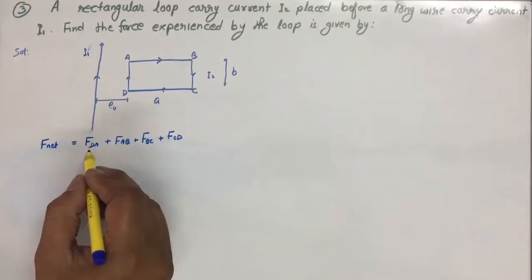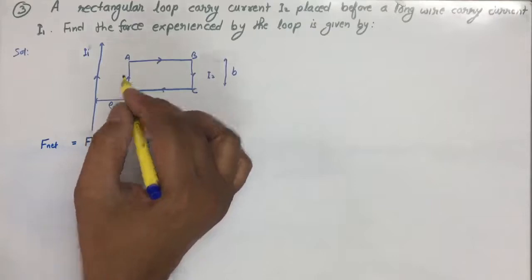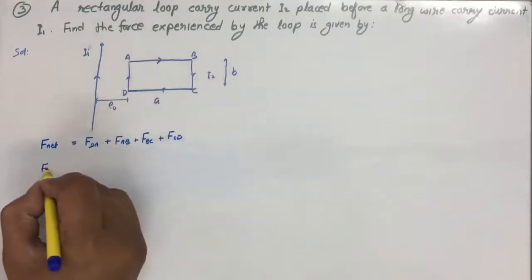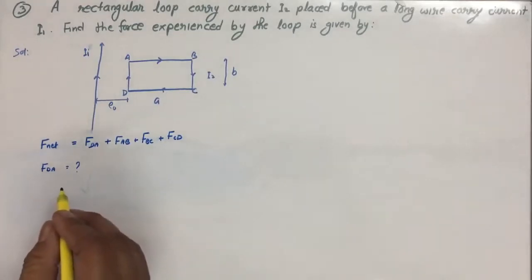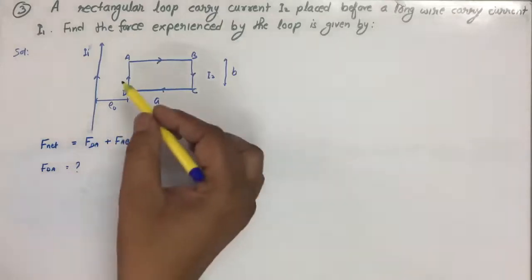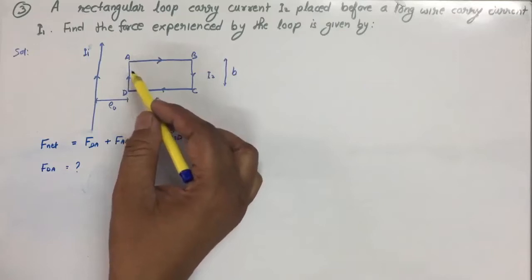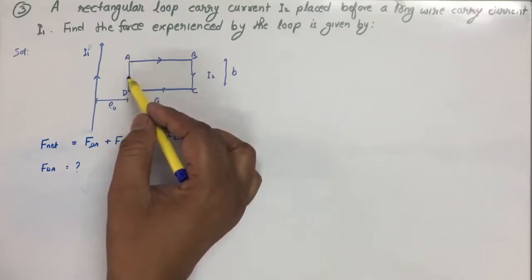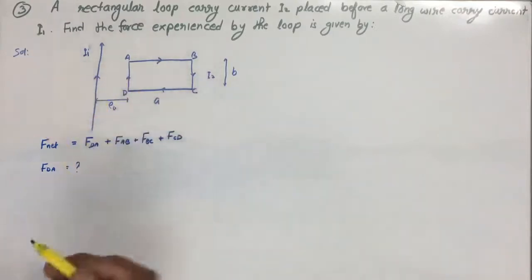So let us start to find F_DA due to this element. To know the force, the formula is I L cross B. So we know I in this, we know the length of this. The field is required due to this current.